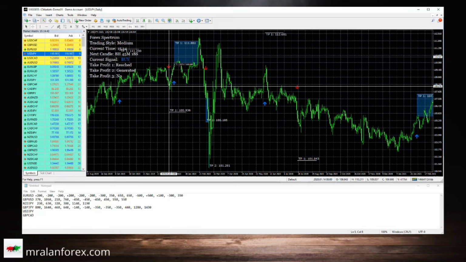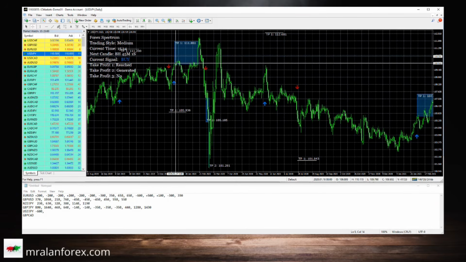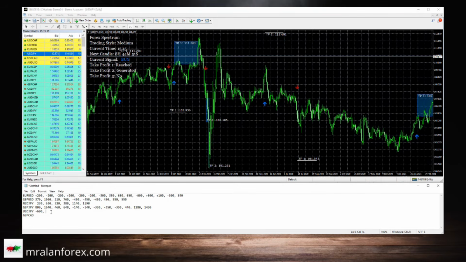That's almost a 600 loss, 200 times 3. First set are losses, and the second set we do hit the first take profit for 190, but then we lose 2 times that. So we make 190 and then minus 190, minus 190.